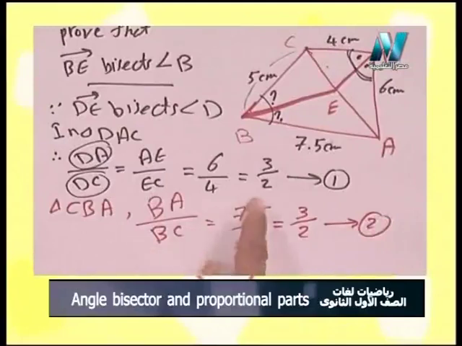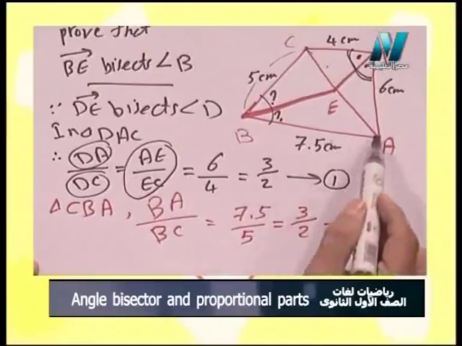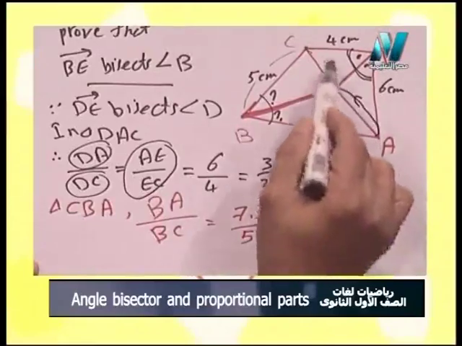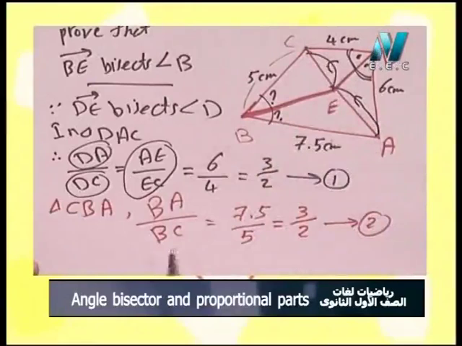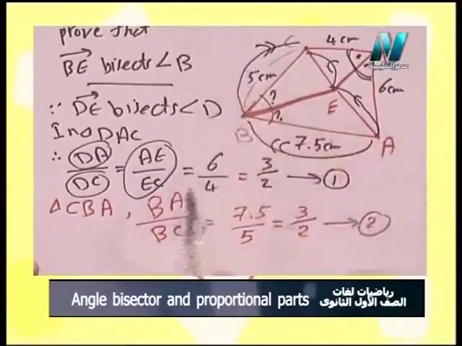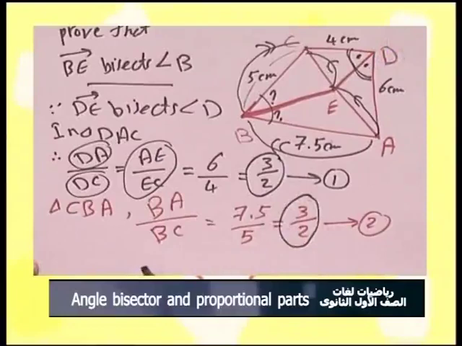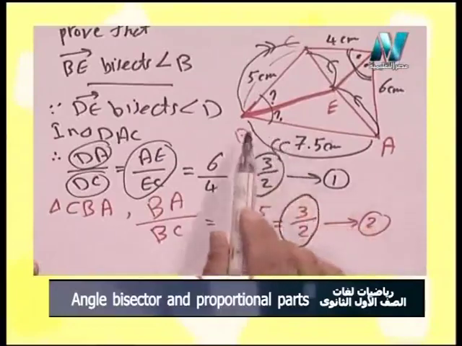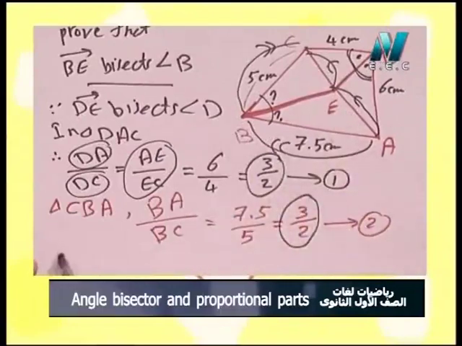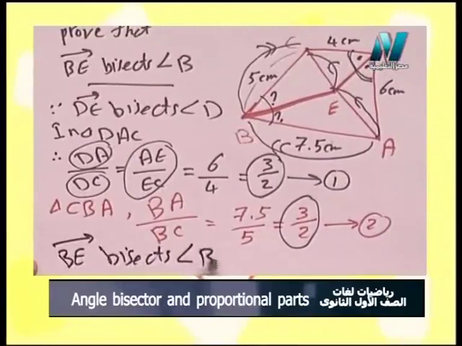From relation 1 and relation 2 here, we notice that, look carefully, AE over EC will be equal to BA over BC in triangle ABC, because they are the same ratio, 3 over 2, and this proves that BE bisects the angle B. Why?